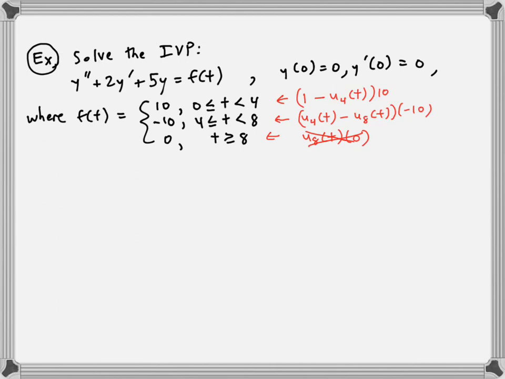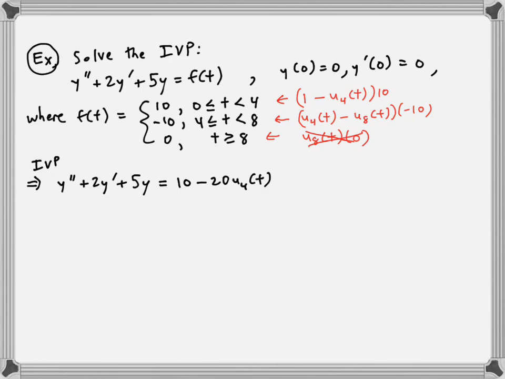And so we're ready to write down our initial value problem. Our IVP actually is y double prime plus 2y prime plus 5y is equal to, I'm going to combine all that stuff. It looks like this, okay? I actually have 10 minus 20 u4 of t.